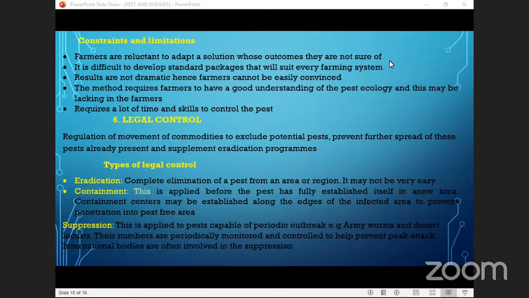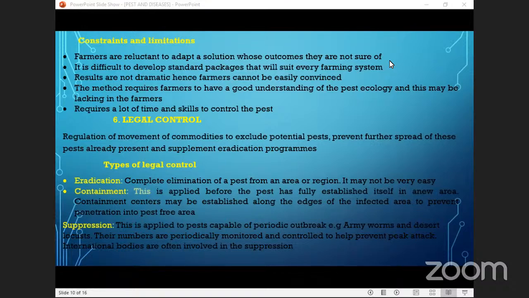For example, when they introduced the issue of lockdown, quarantine, movement of people was stopped from one place to another in order to curb the spread of the virus. This is similar here. Crops are stopped from moving from one area to another.